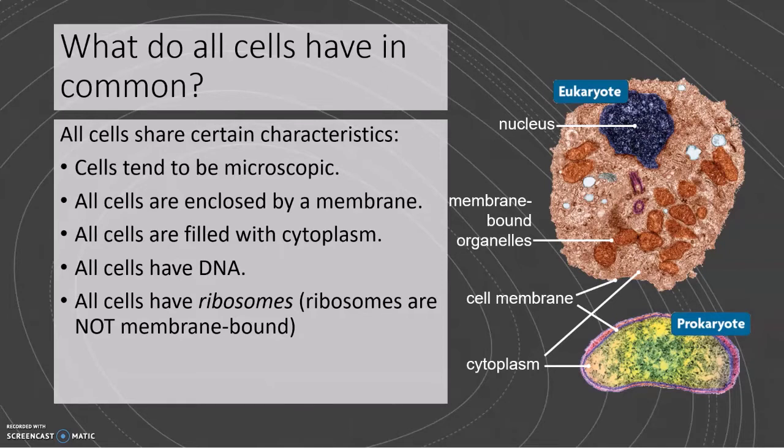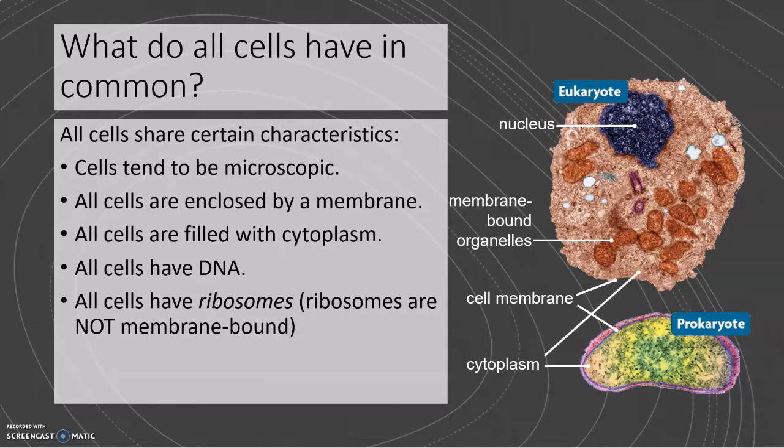Even though a prokaryotic cell doesn't have a true nucleus, it does still have within it DNA because it needs to have hereditary information to pass down to its offspring. And finally, all cells are going to have an organelle known as the ribosome. Now, ribosomes are not membrane-bound, so we're not violating that rule that prokaryotes don't have membrane-bound organelles. And we will talk a little bit more about the structure of the ribosome later in this presentation.